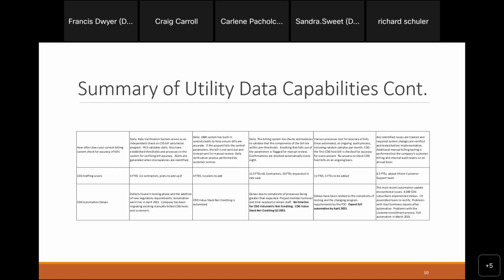So our focus for these questions was more on looking at it from the individual customer impact level. Obviously, though, we recognize that if there's an issue with billing the customer, there's likely an issue with billing or collecting payments from the CDG host. I do think one of the presentations later on is going to get into more of those host-specific impacts.